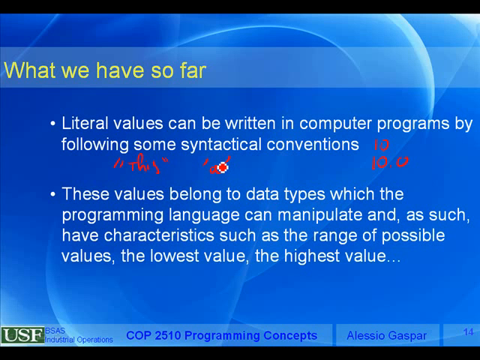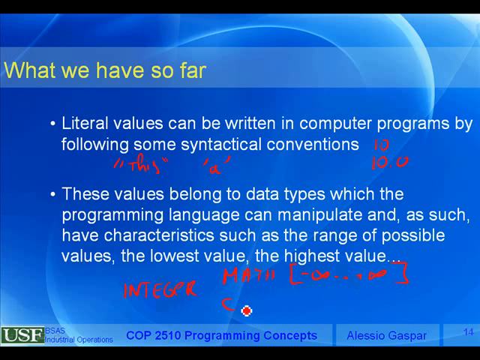These values belong to data types which the programming language can manipulate, and as such have characteristics such as the range of possible values, the lowest value, the highest value. Keep in mind to remember this aspect. An integer in math is anything between minus infinite and plus infinite.